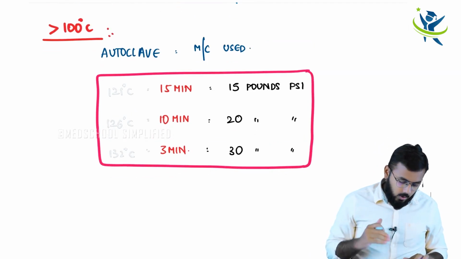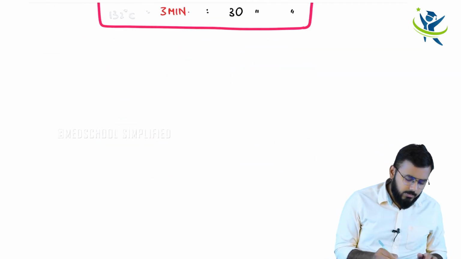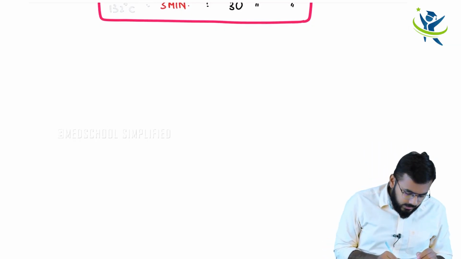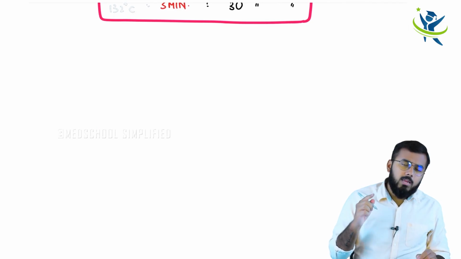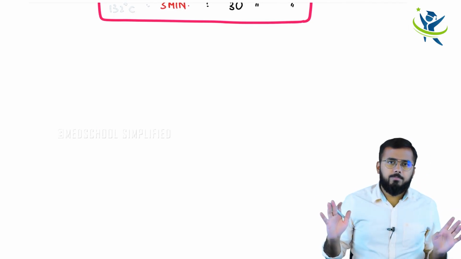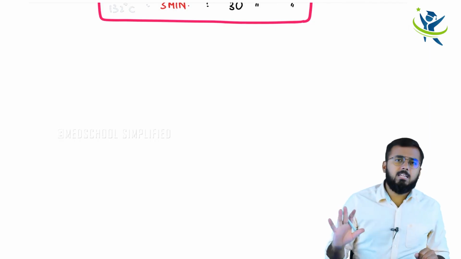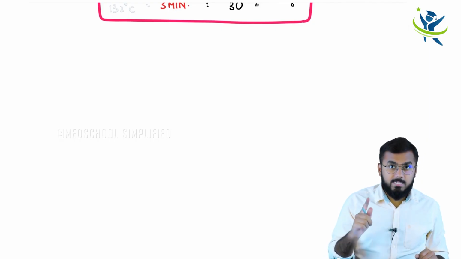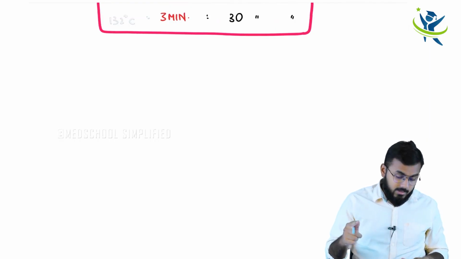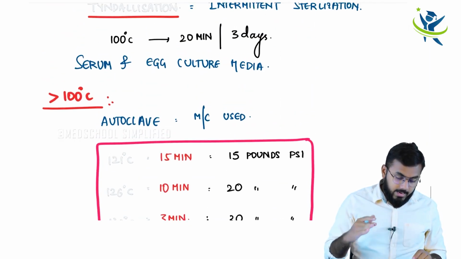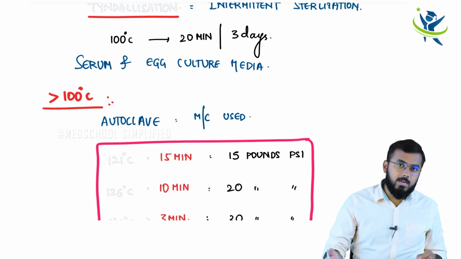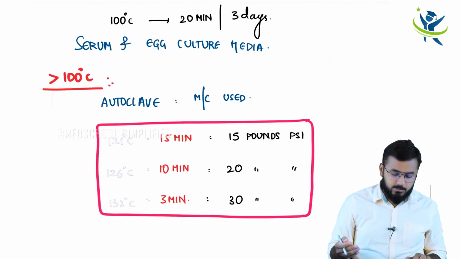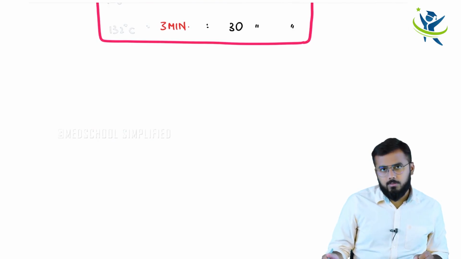Now another important thing: you are telling that in autoclave we use these three different temperatures, but on what materials do you use these three? So you can autoclave any culture media and kill all the spores in that culture media, but except serum and egg containing culture media, because for those we have special procedures like tyndallization and inspissation. We don't use the autoclave.